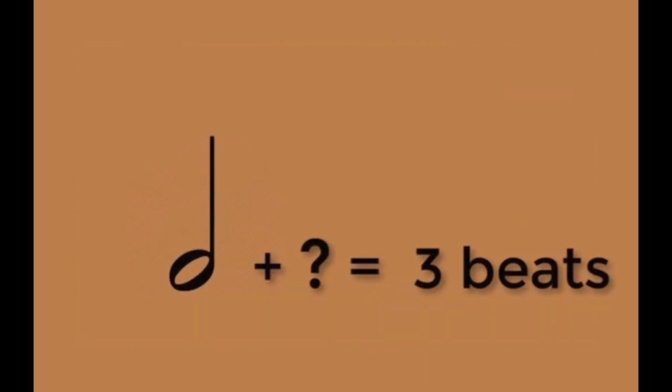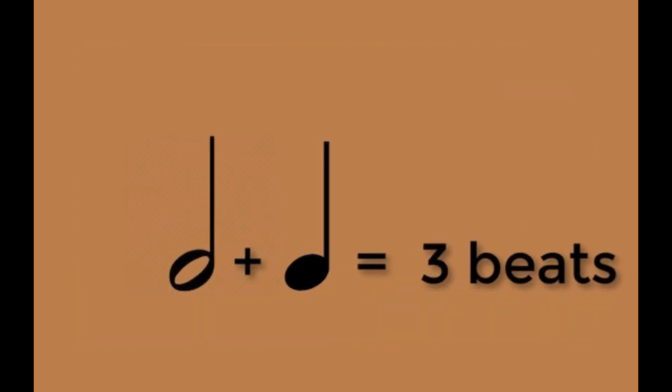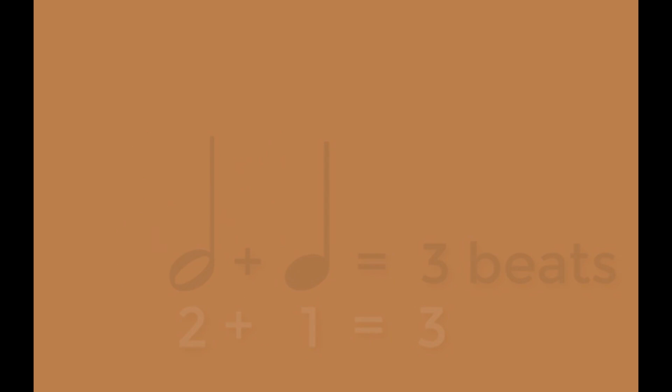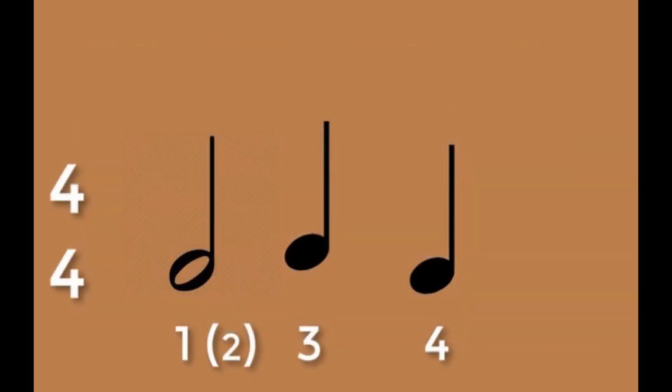Well, half note. I want a half note to equal 3 beats. What do I do? Well, I need to add a note to that 2-beat note, the half note. What note do I have to add to a half note to make it worth 3 beats? A quarter note, because 2 plus 1 equals 3. So without the tie, if I had a measure that consisted of a half note and 2 quarter notes, it would sound like this: 1, 2, 3, 4.